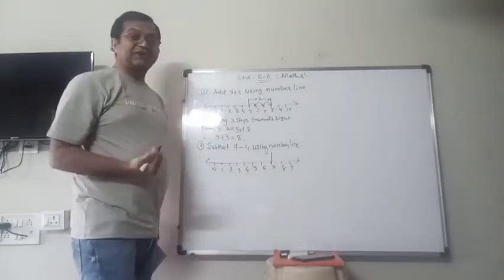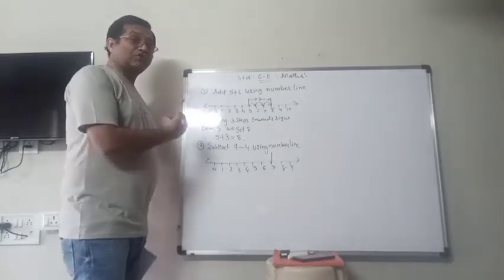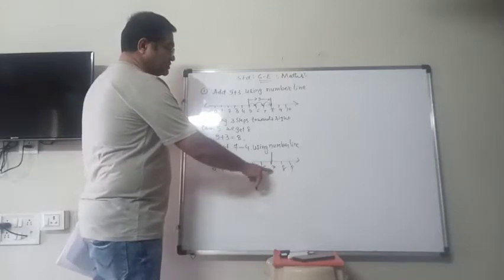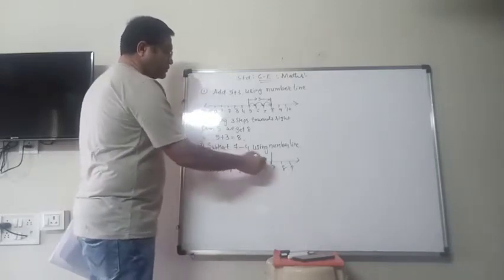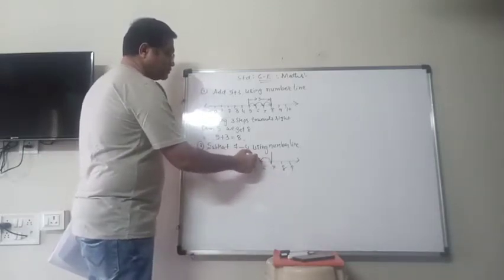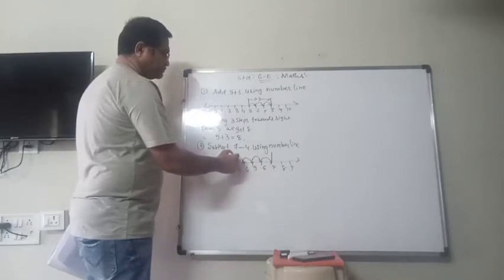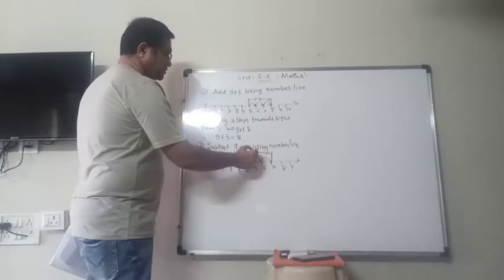And when we are subtracting, we move towards left side to the 7. How much? 4. So 1, 2, 3 and 4. And this direction.